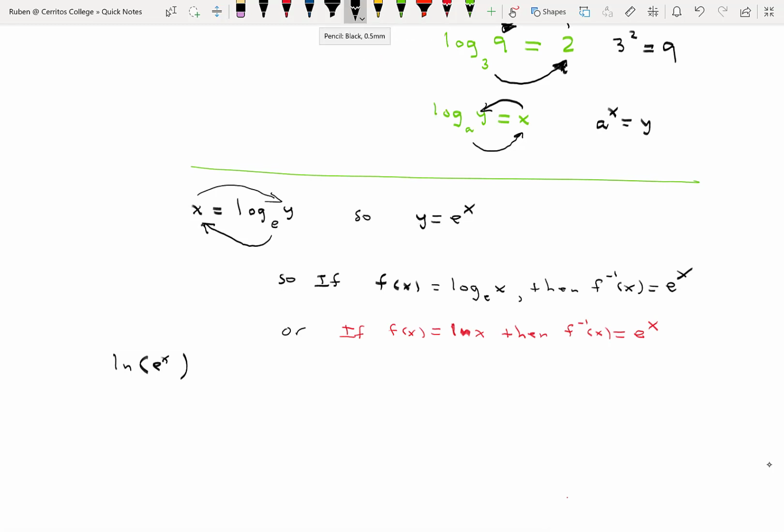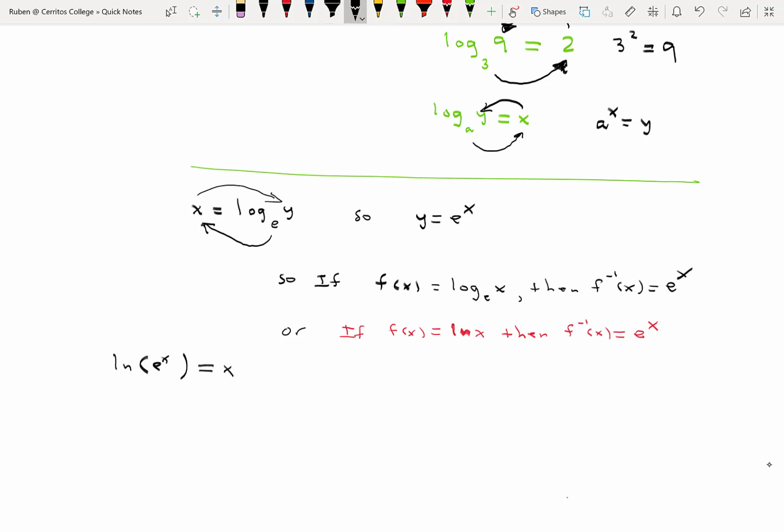Think about it for a second. There are a couple of pathways to get to the answer here. The best is that the natural logarithm is the function, and the exponential function e to the x is the inverse. And what do functions and inverses do to each other? They cancel each other out. So this is just x.